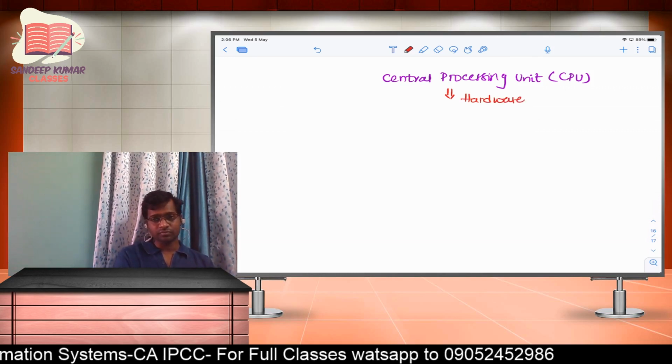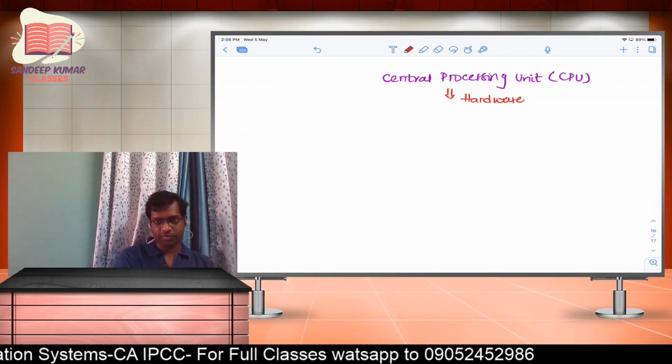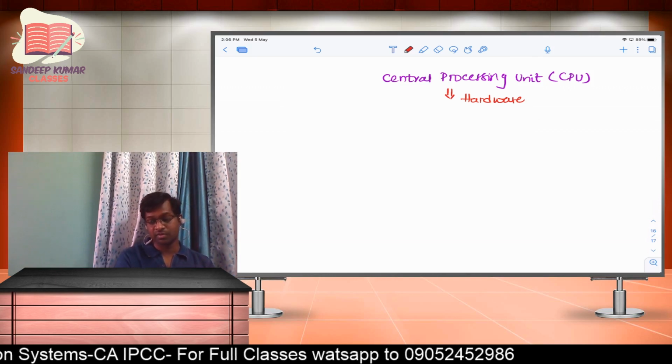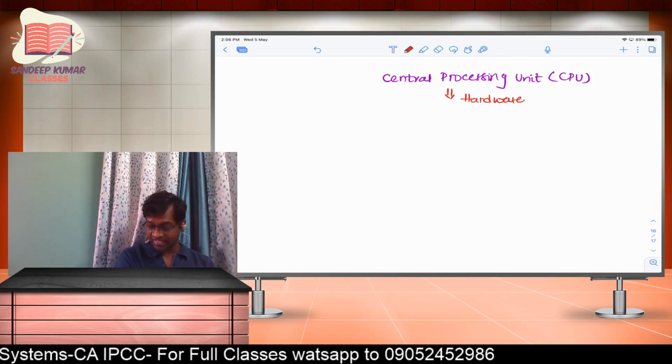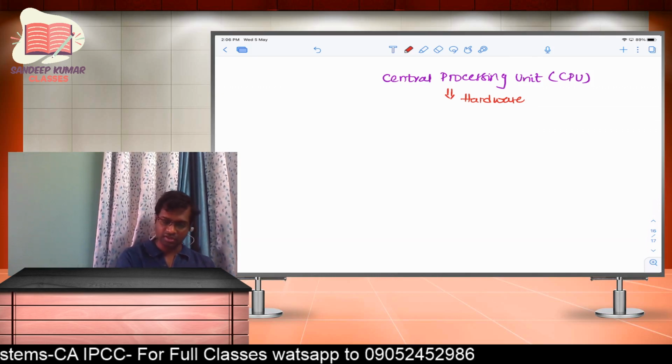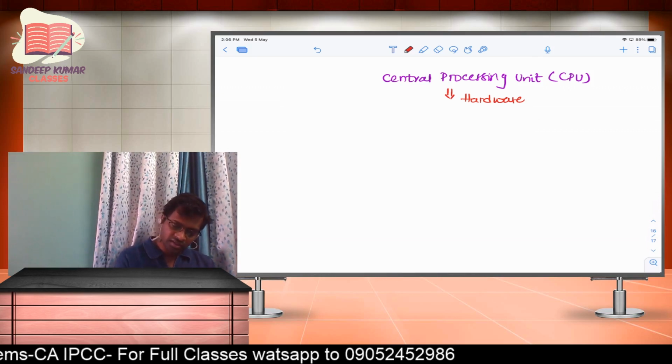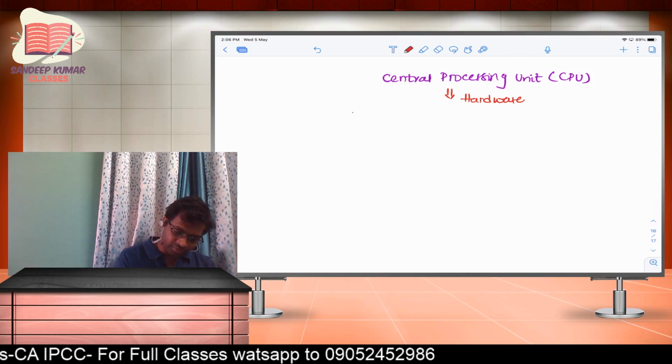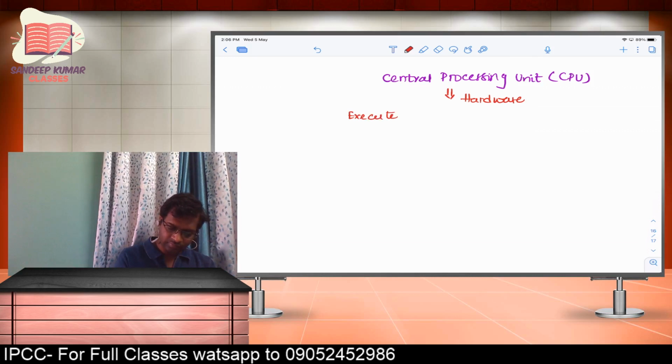What exactly will this hardware do? This hardware will process or execute an instruction, or execute a program. So this CPU will execute programs.